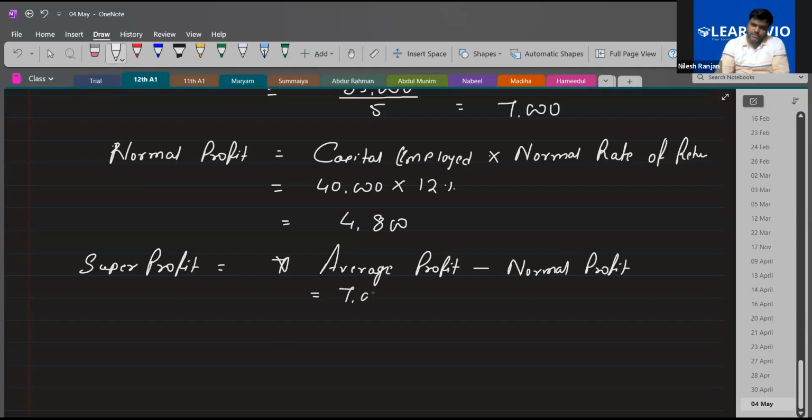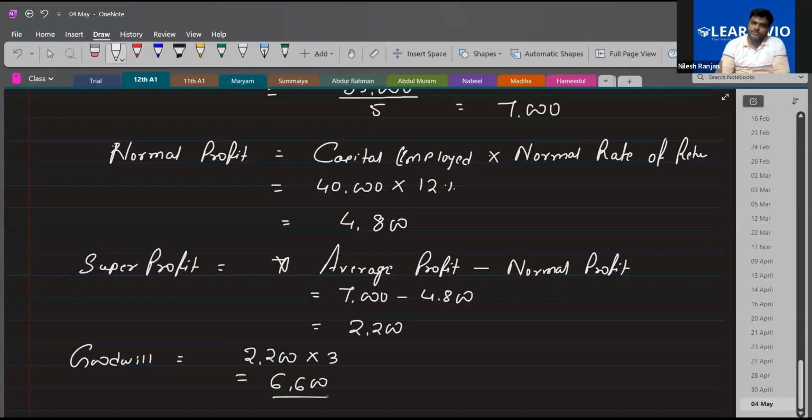So 7,000 minus 4,800, it is 2,200. Goodwill is to be calculated on 3 years purchase of super profit. So 3 years, 6,600.